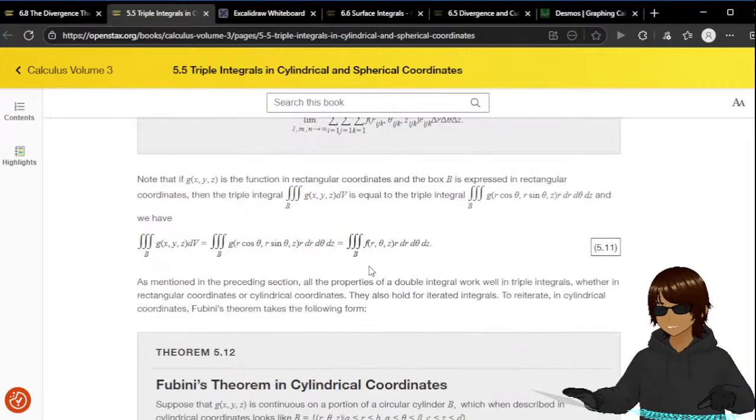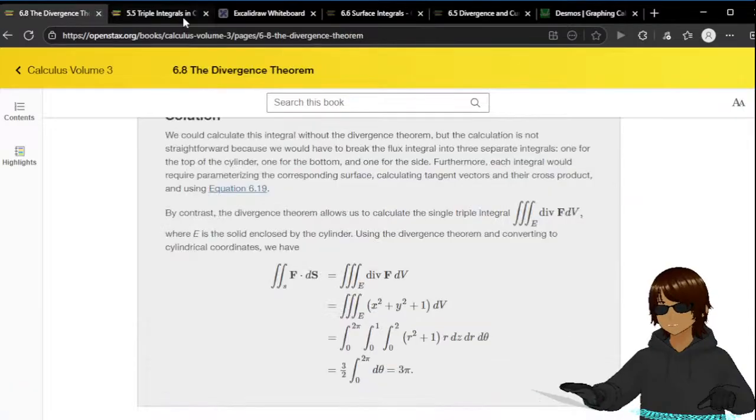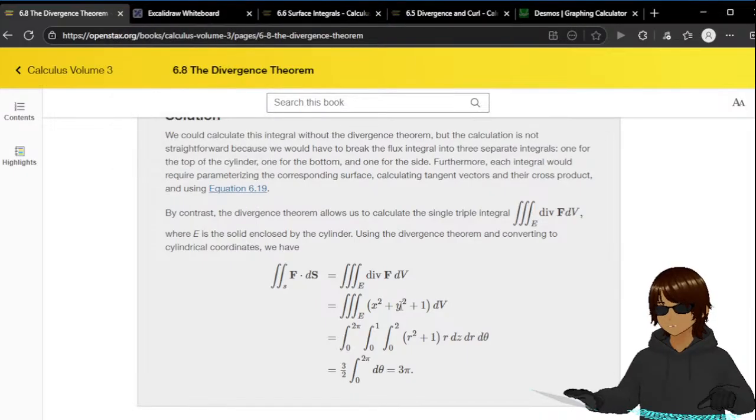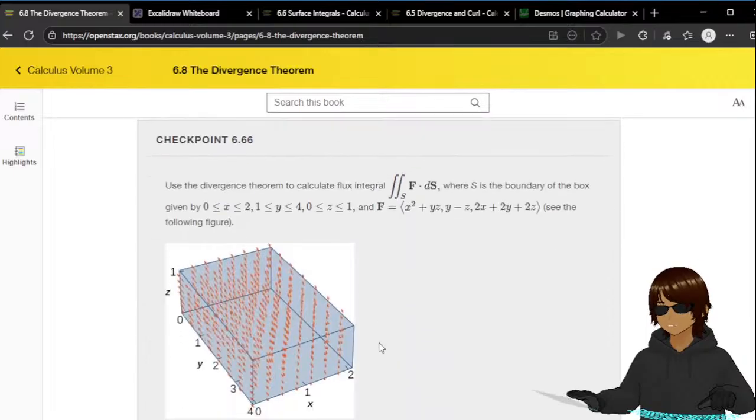So this dV is equal to f of this times r dr d theta dz. Okay. Then they did r squared plus 1 times r dz dr d theta. Right.